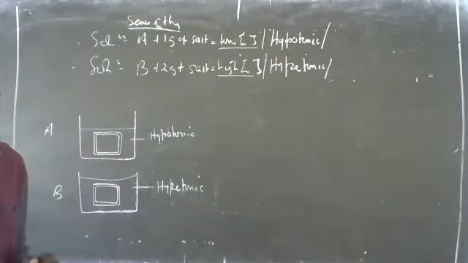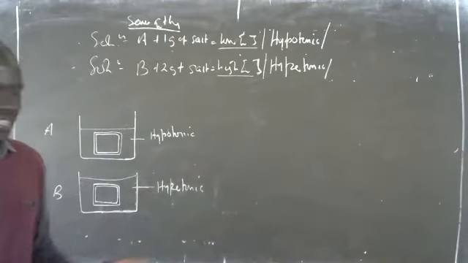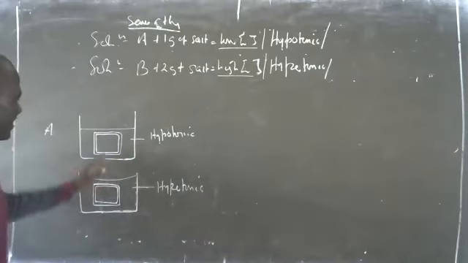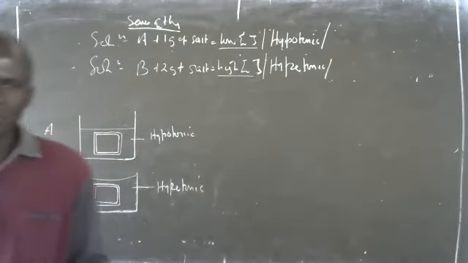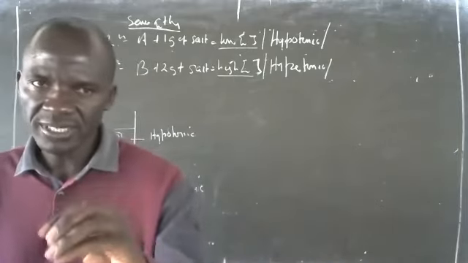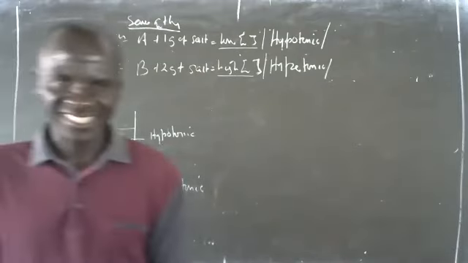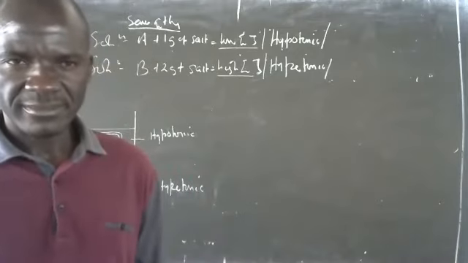Now, we have created a gradient. The surrounding solution is hypotonic. The cell sap is hypertonic. By cell sap, I mean the liquid part of the cell. Then osmosis can take place. I've created one condition, a difference in concentration.